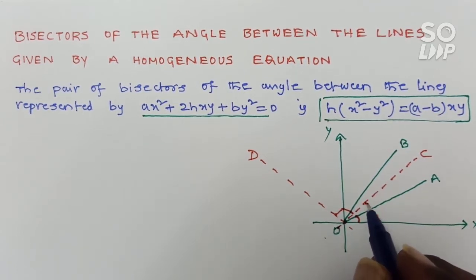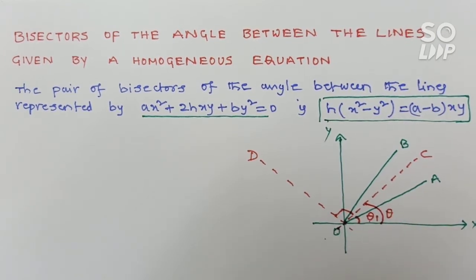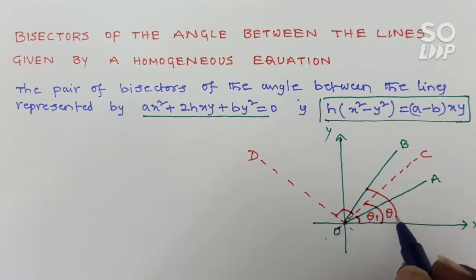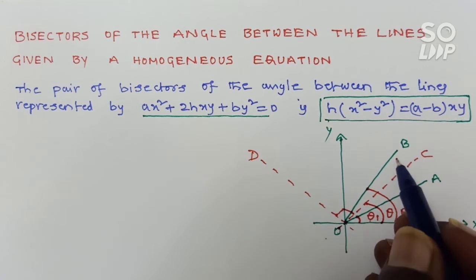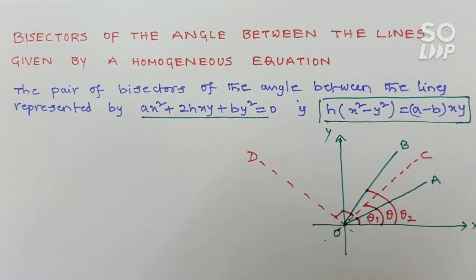Let the internal angular bisector make an angle theta with the x-axis, so the slope of OC is tan theta. OB makes an angle theta 2, so the slope of OB is tan theta 2. Okay, all of you see this.